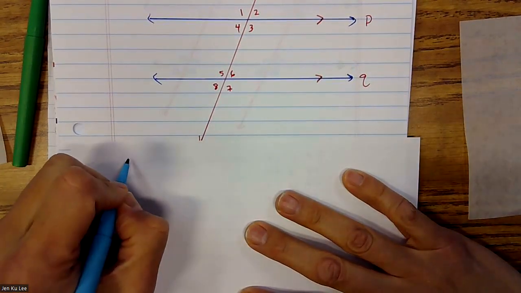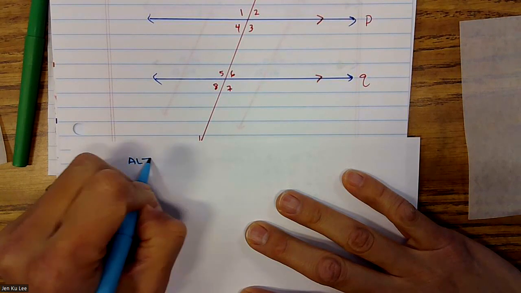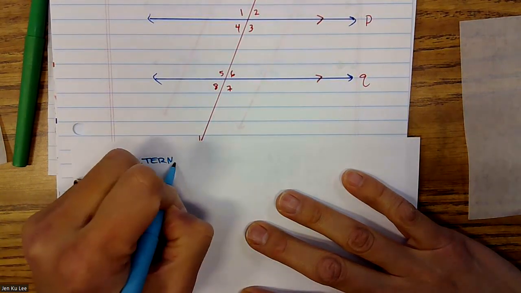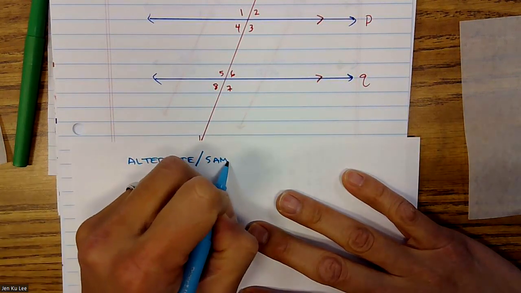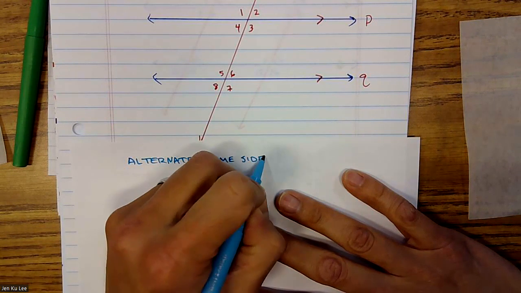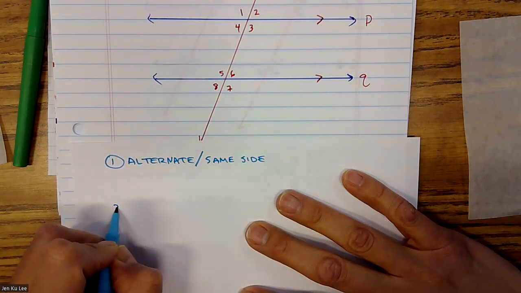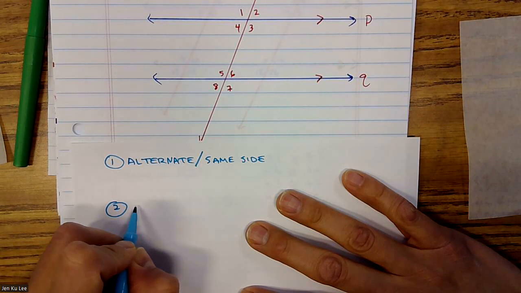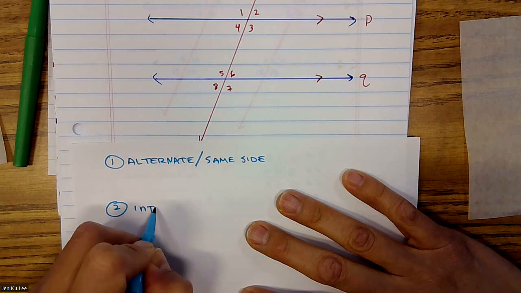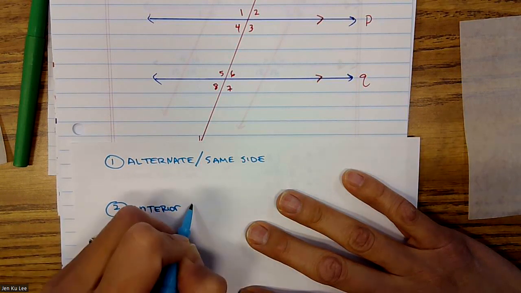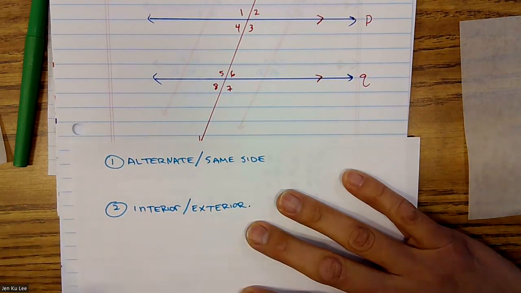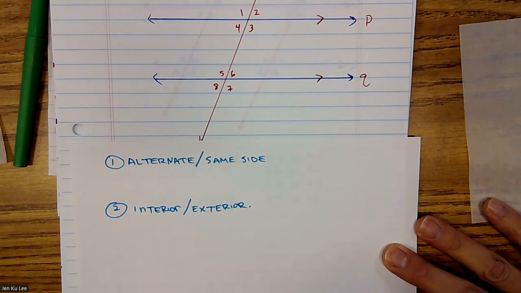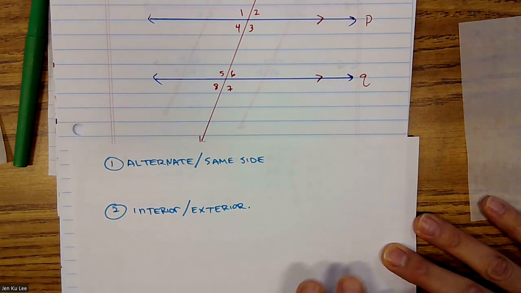I'm going to use alternate or same side. Okay. And I'm going to use interior or exterior. Okay. I'm going to choose one word from each.